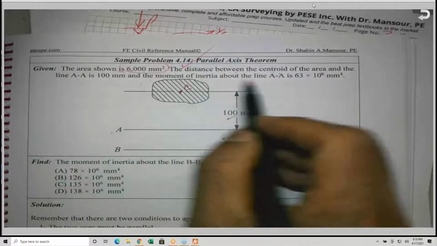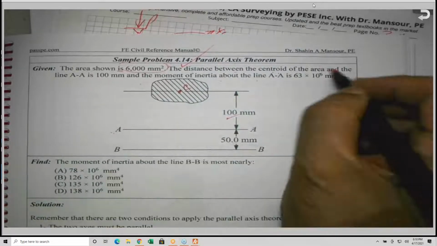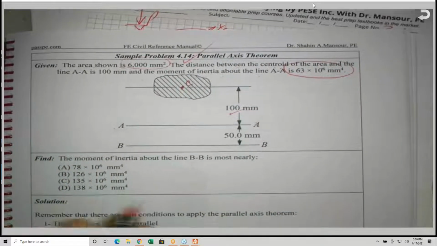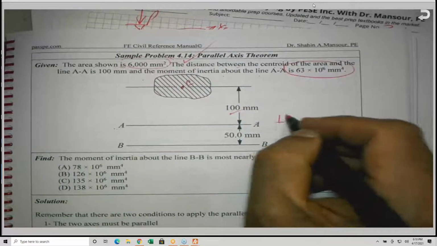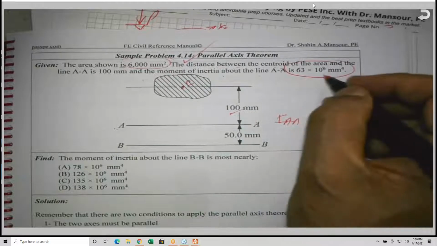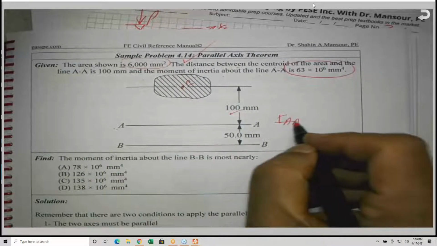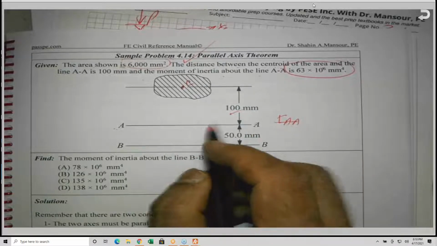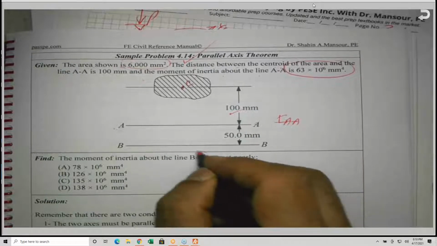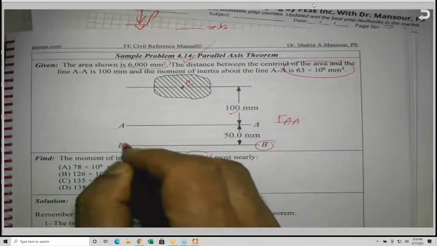The moment of inertia about the line AA is given: IAA is 63 times 10 to the 6. It asks, what will be the moment of inertia about line BB?